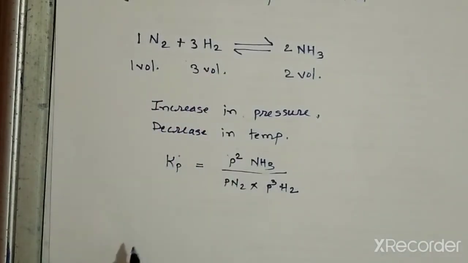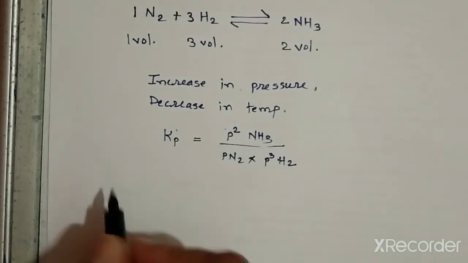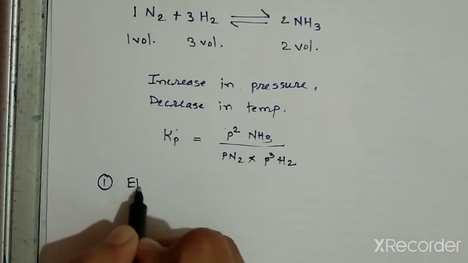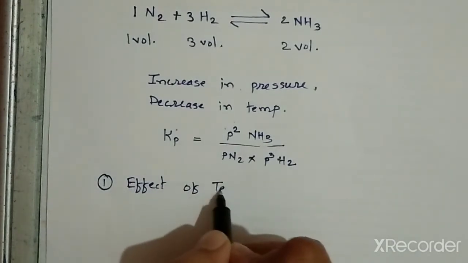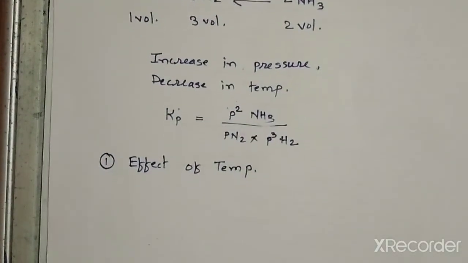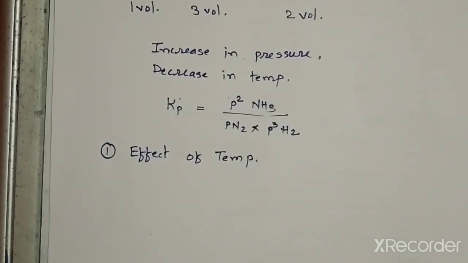What are the different parameters involved in the formation of ammonia? There are 3 important effects. First is the effect of temperature. We have seen that the formation of ammonia takes place at 500 degrees centigrade.